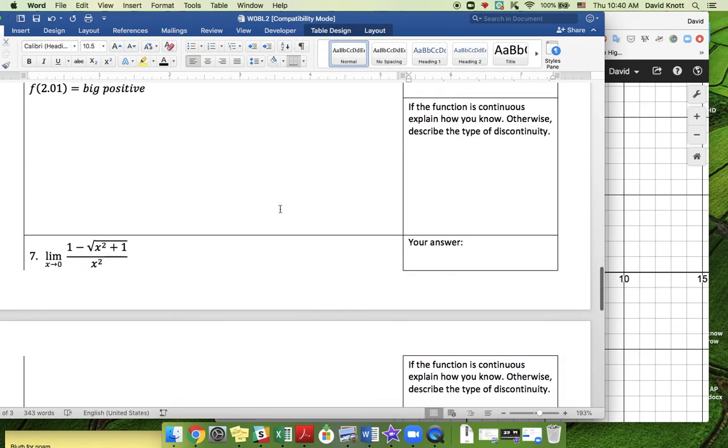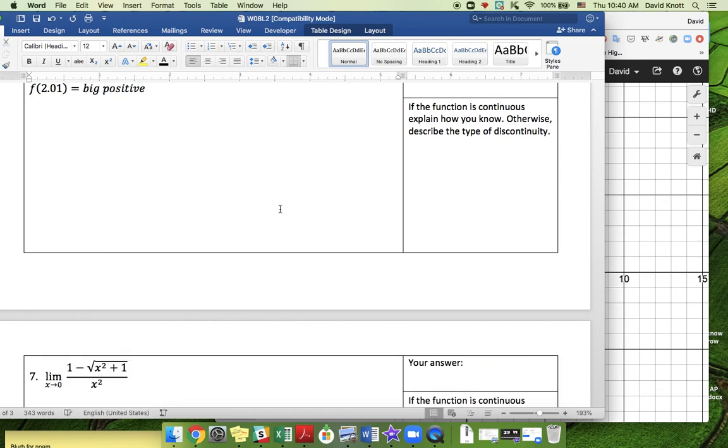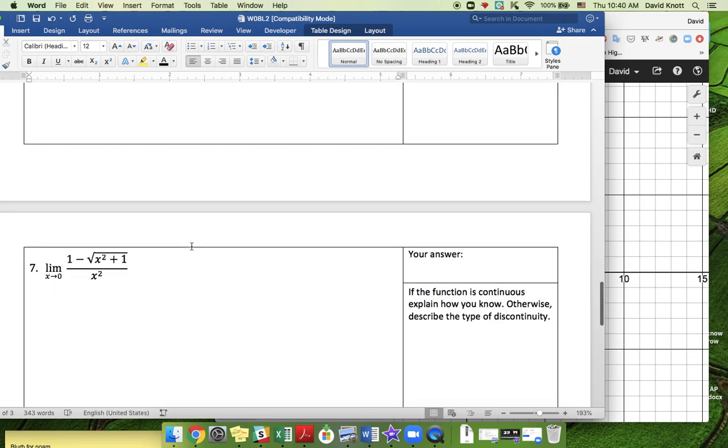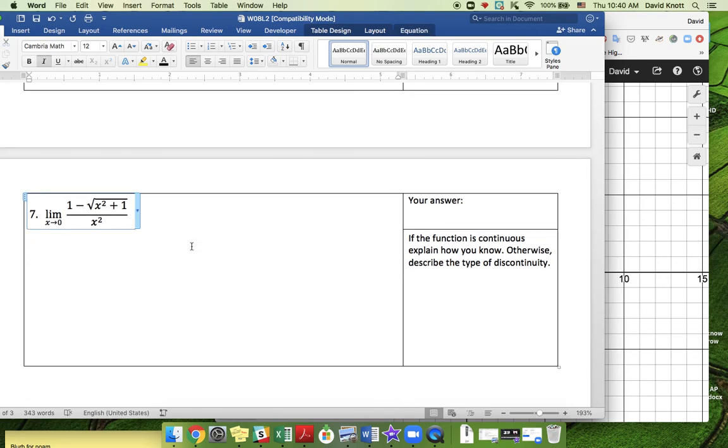And then finally, number 7. Number 7 is another hole. If you plug in 0, you get 0 over 0, so the function's not defined there. But the limit does exist. A lot of people had trouble with this one. You have to multiply top and bottom by the conjugate. So I'll just remind you how that goes.